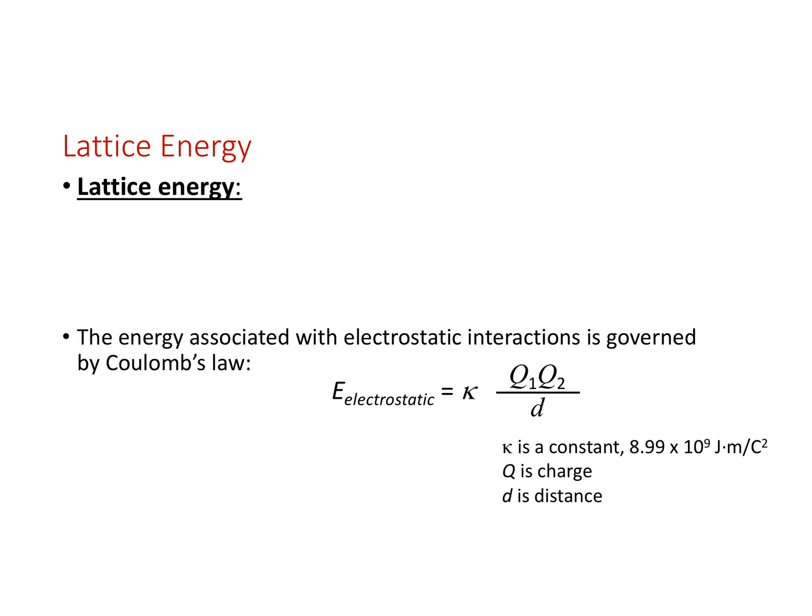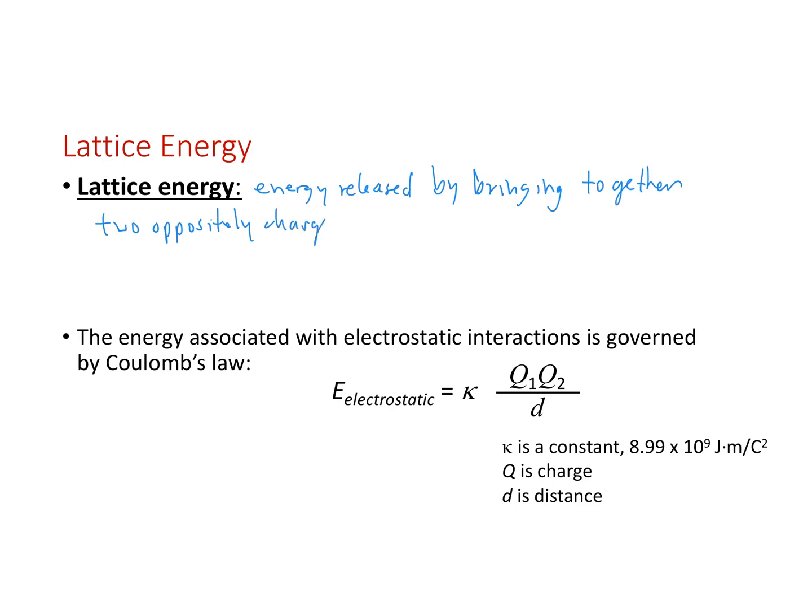So the step we're missing is the lattice energy, and that's the energy released by bringing together two oppositely charged ions to form an ionic bond.